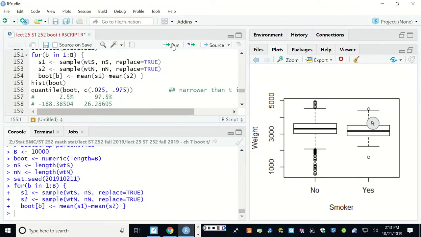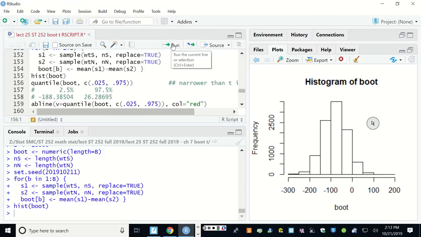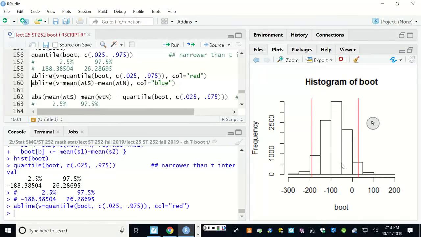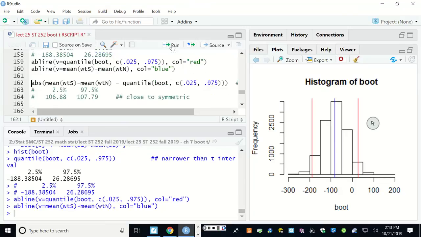Here's what the bootstrap average differences look like. The quantiles are those places there. The original average was there, and for this case, the distribution ends up being quite symmetric. This is my little trick for trying to measure symmetry, and there's not much of a difference between the width here and the width here.